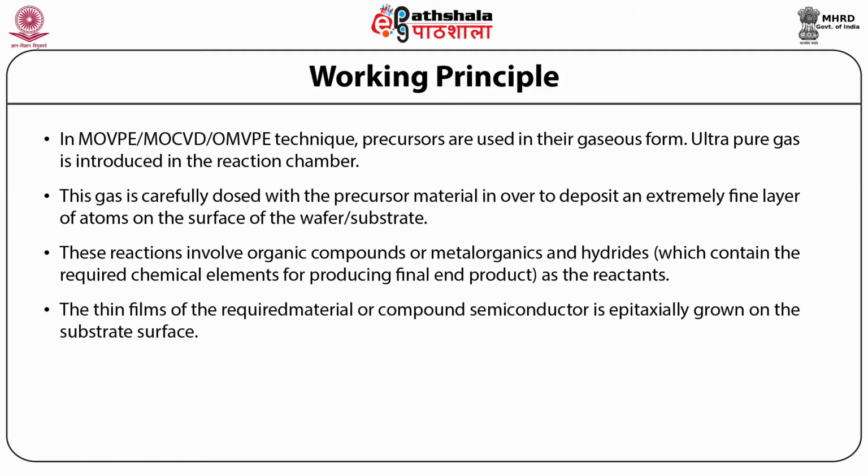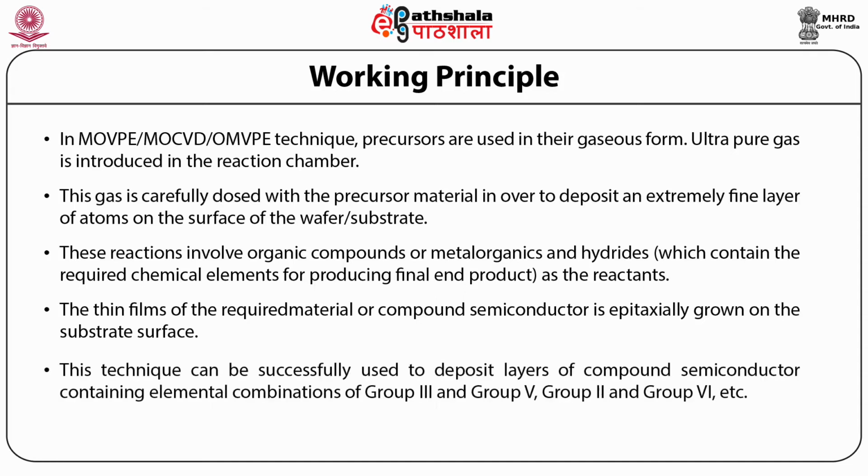The thin film of the required material or compound semiconductor is epitaxially grown on the substrate surface. This technique can be successfully used to deposit layers of compound semiconductor containing elemental combinations of group 3 and group 5, or group 2 and group 6, etc.